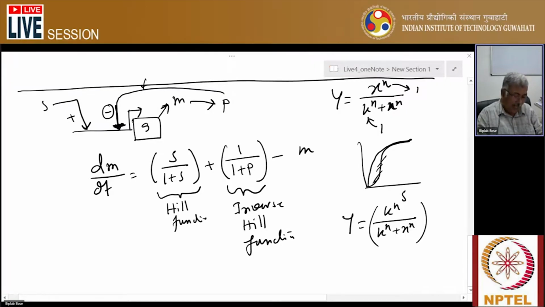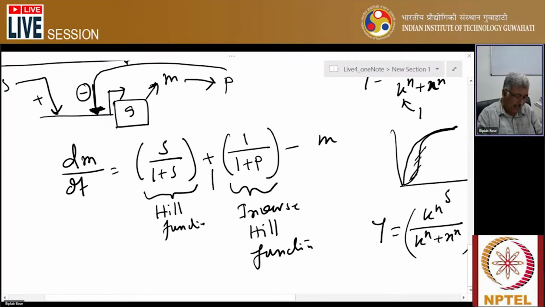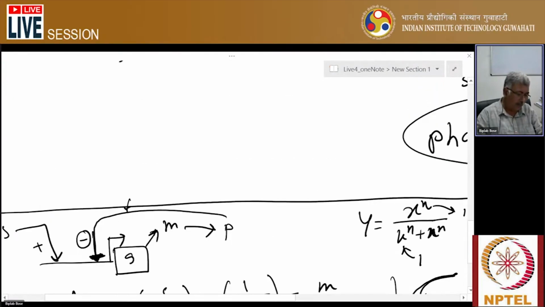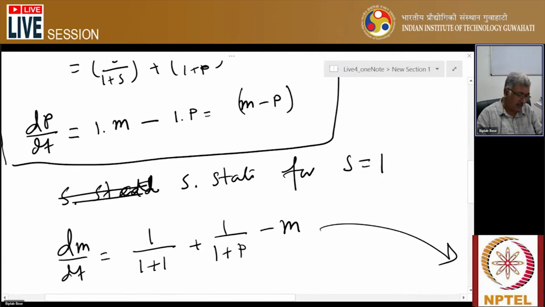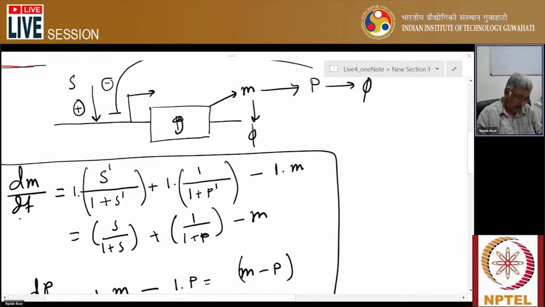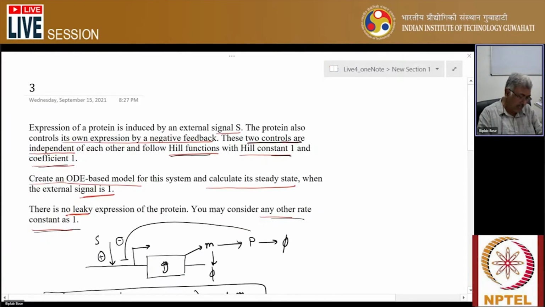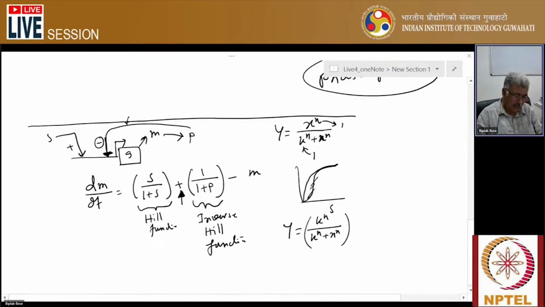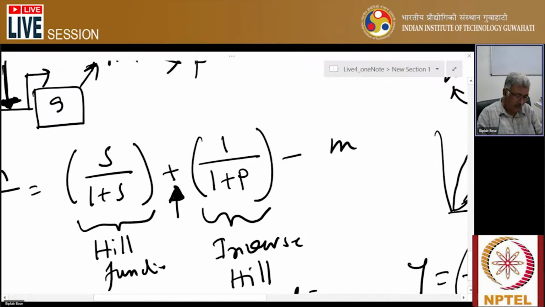One thing is that I have used a plus sign here. This is important because these two controls, S and P, the positive and negative control, are independent. That is said in the question paper. If I go up in the original question paper, two controls are independent. How am I maintaining that independence? I have a plus sign in between.